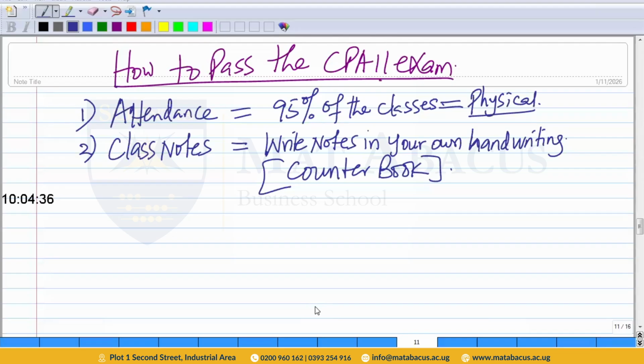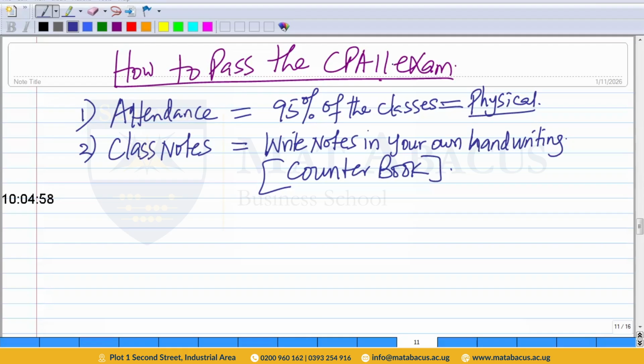The timetable is available at MAT Abacus. At the end of this session, I will give you my contact, or you can pick the contact of the administrator. You get added to the group. You register so that you are receiving links for the class and notifications and the timetable, so that you plan better.